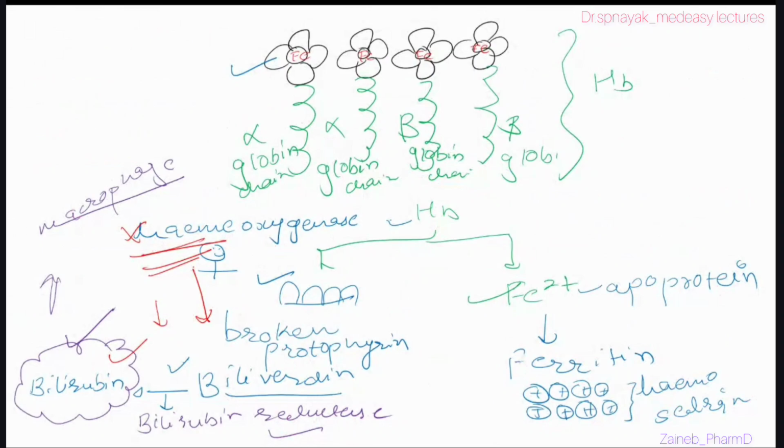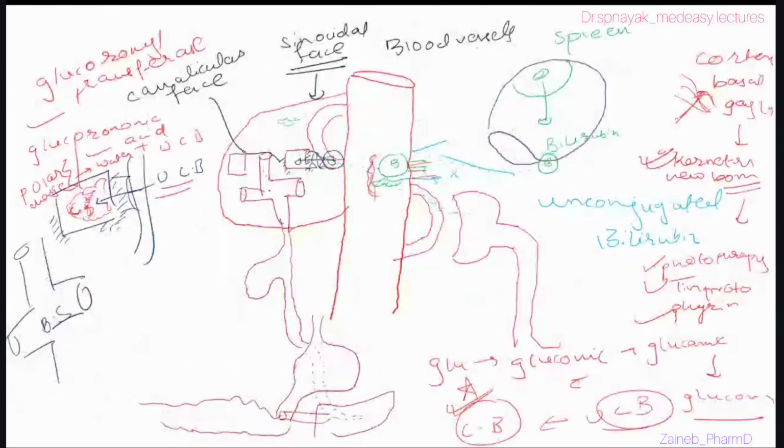Okay, and this is also for information purposes: there are certain drugs that will block or displace the binding of the bilirubin with this special protein. What it will do is the bilirubin will be increased in the circulation. Which are those drugs that will displace the bilirubin?